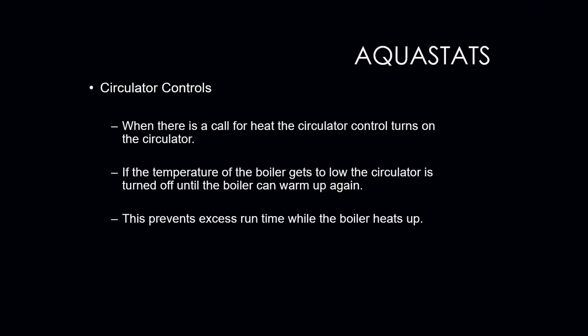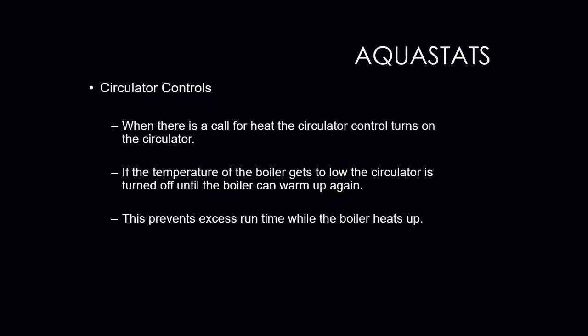So, returning to the circulator control, when there is a call for heat, that circulator control turns on the circulator. And if the temperature of the boiler gets too low, the circulator is turned off until that boiler can warm up again and get back to the minimum running temperature that we want. Now, why do we do that?